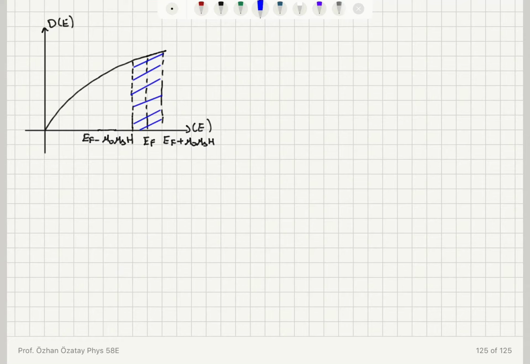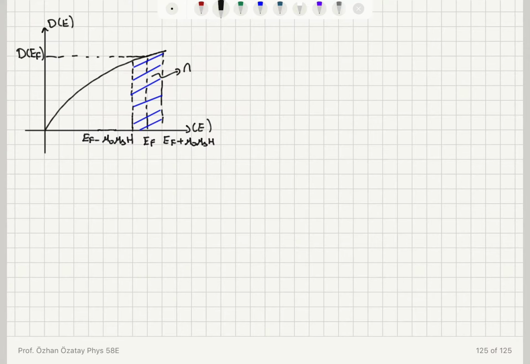I'm going to approximate this area because mu 0 mu b h is a very small number. Typically mu 0 is small, mu b is small, so this is a very small interval.